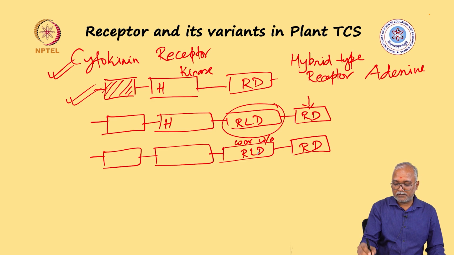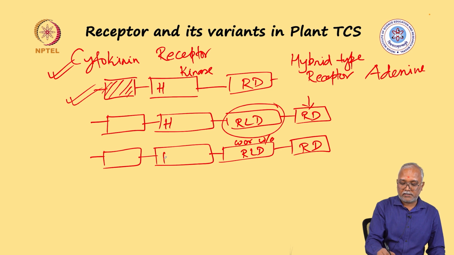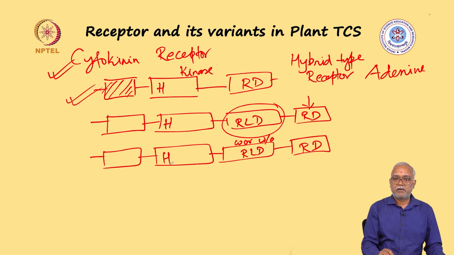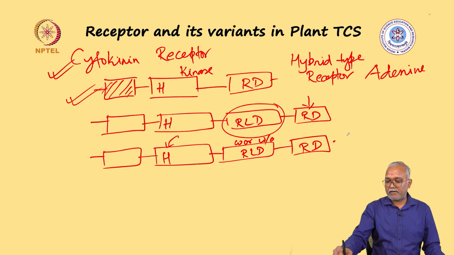You can have these receptors where this histidine residue is missing. So what you can understand, that it has the kinase domain, it has the receiver domain, but it lacks the histidine. And you remember, the signaling starts by first phosphorylation event of the histidine residue. So this will be like a pseudokinase.